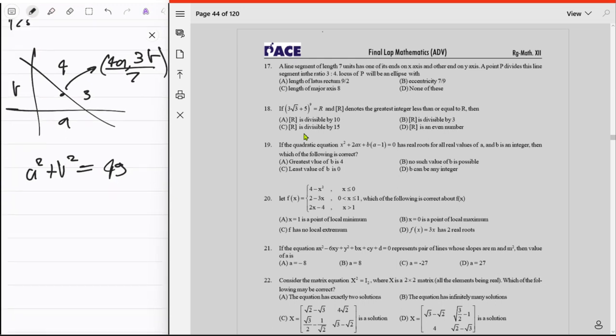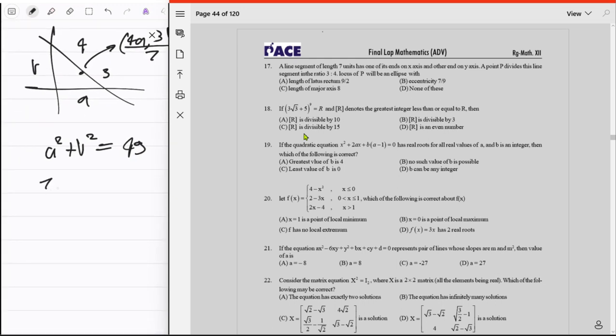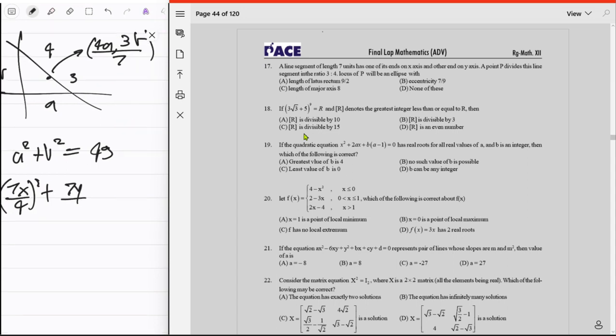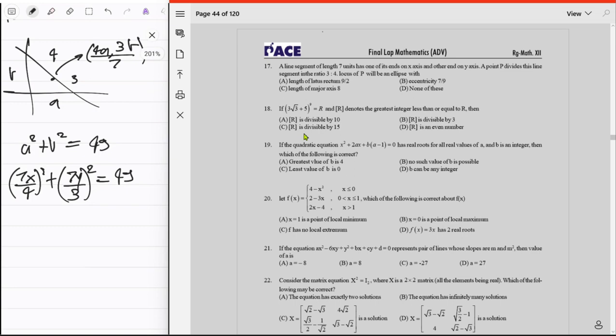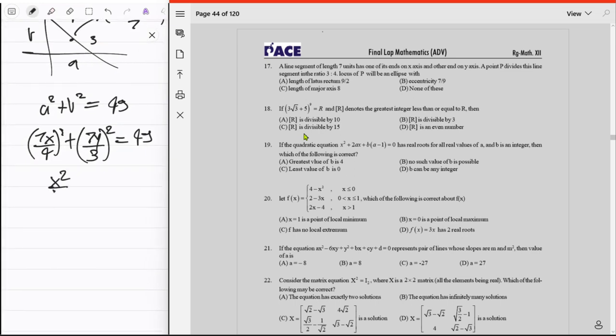Yeah. So 7x upon 4 whole square plus 7y upon 3 whole square is equal to 49. I guess, yeah. Right, which means x square upon 16 plus y square upon 9 is equal to 1.